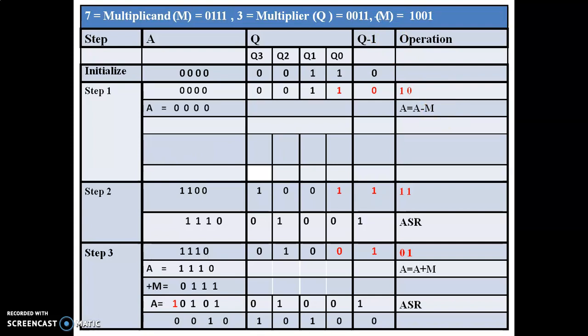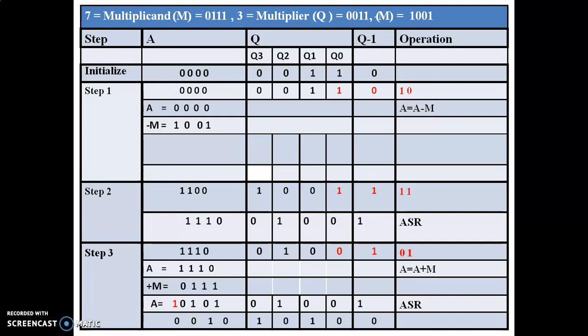So first we write A, because we have to subtract M from A. So A is equal to 0, 0, 0, 0. Then minus M, which is 1, 0, 0, 1. We have represented this in its 2's complement form. Now we simply add it.